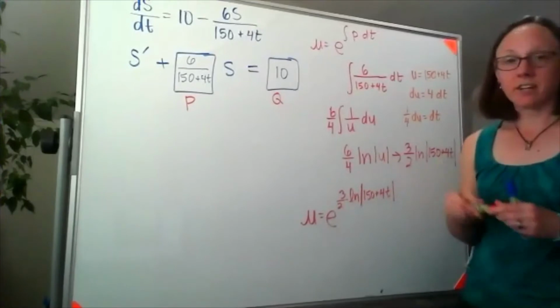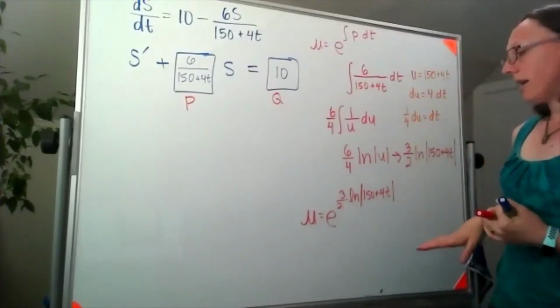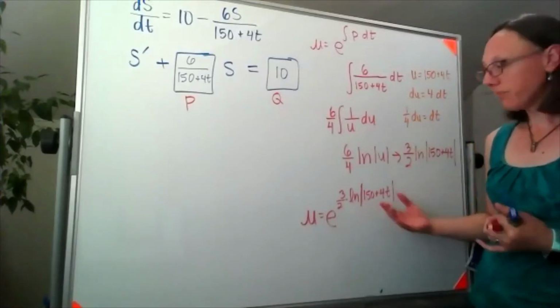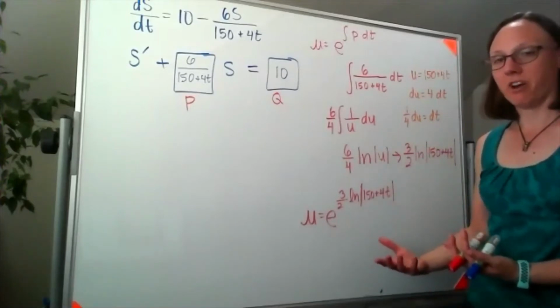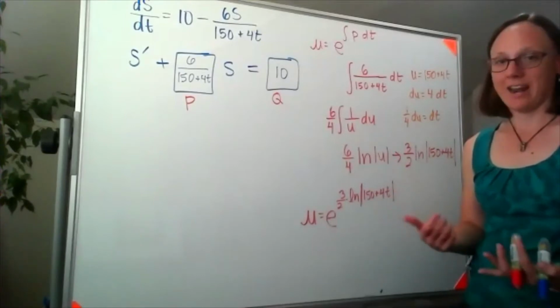If you haven't done any of these first order linear problems yet, especially with the tank problems, we often end up with natural logs. And we really would like to simplify this as much as possible before moving on. So the trick is to use our power of exponents with natural logs.